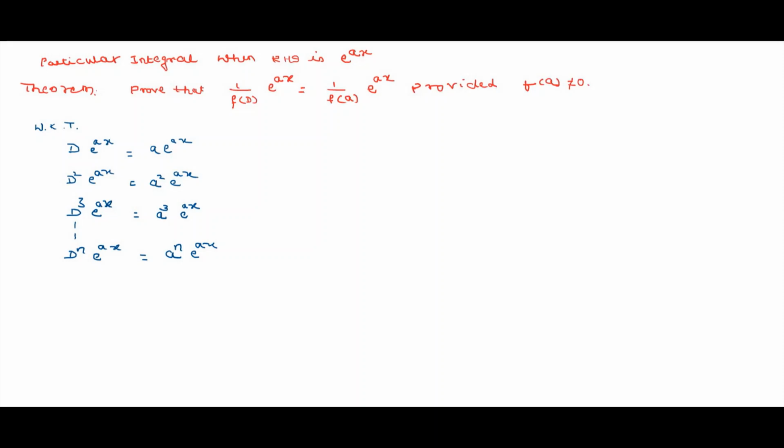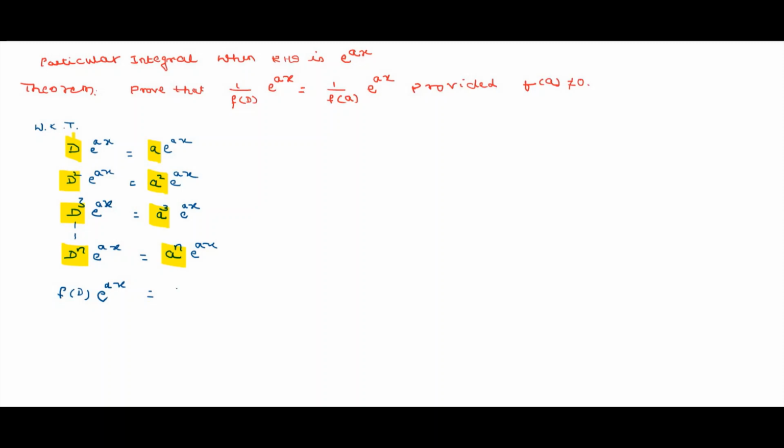Now if you see here, in this case the left hand side term, this is D square, D cube, and so on up to D raised to n, is a function of D. So we can write it as f of D is a function of D, that is f of D. Remaining term is e raised to ax is equal to, right hand side if you see you will get a square, a cube and a raised to n, which is a function of a.